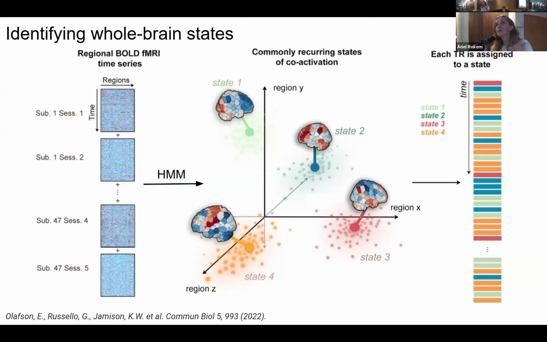But you can also do stuff like K-means clustering, tensor decomposition, and so on. The hidden Markov model identifies recurring states of co-activation in the brain activity. It spits out these state paths, or Viterbi paths, which give you a one-dimensional vector of states over time. It identifies the most probable state that the brain activity is reflecting.